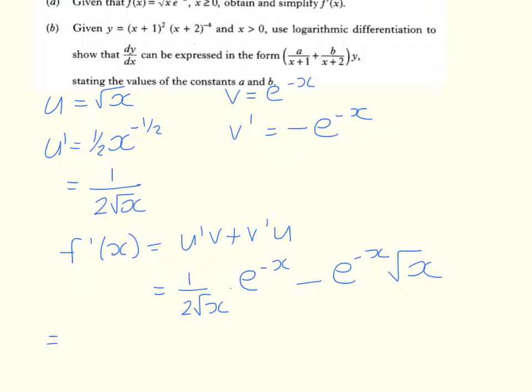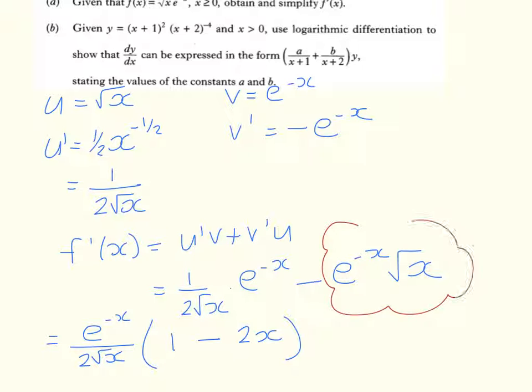So we've got e to the minus x over 2 root x. There's one of them there, minus, and this one, when I convert it to 2 root x, would be multiplied by 2x. And I'll just put that at the side here.